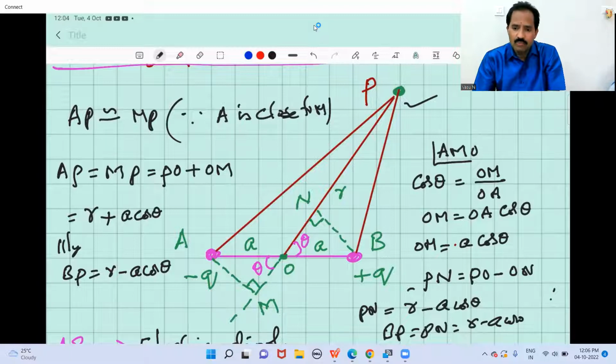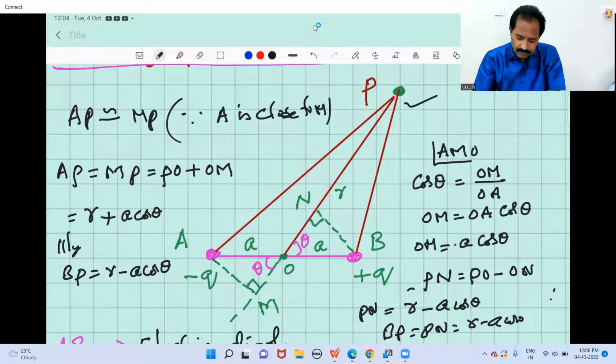Similarly, we can write PN too. Look at the diagram. PN can be written as PO minus ON, where PO is small letter R. Now what is ON?